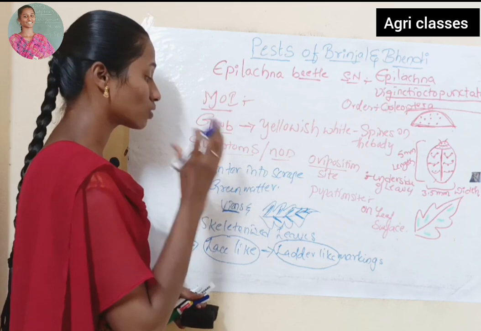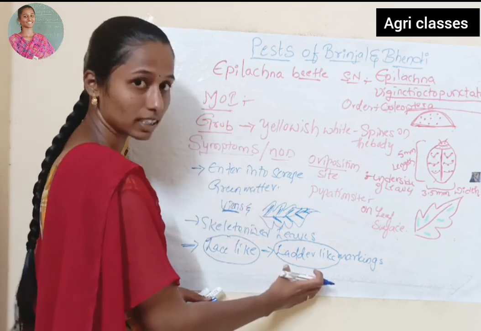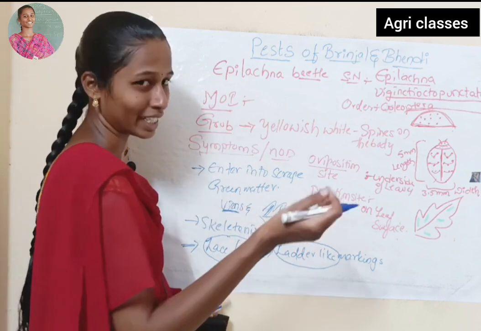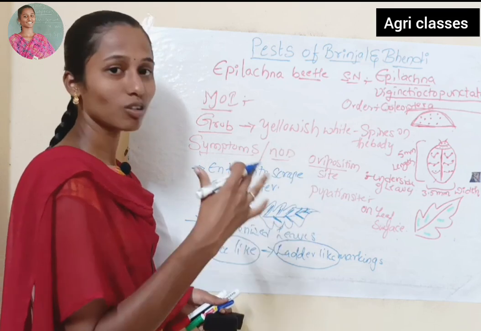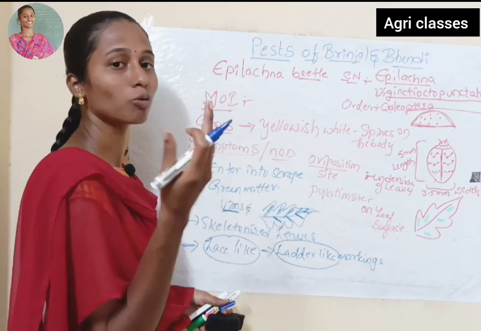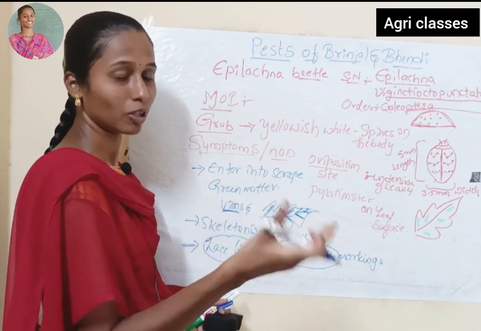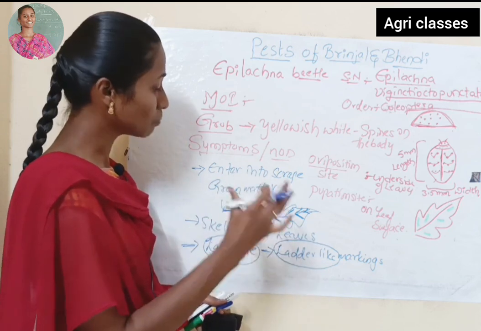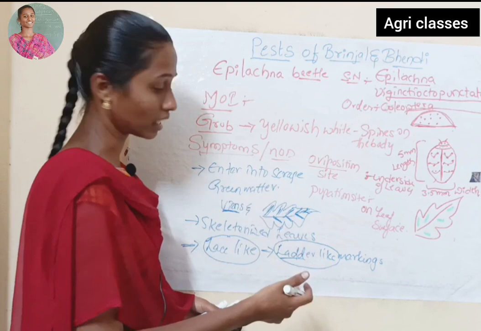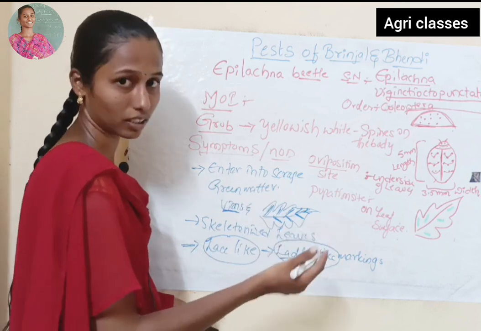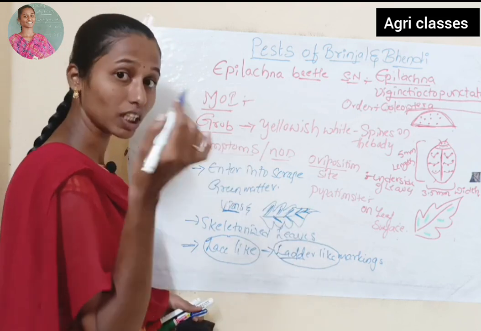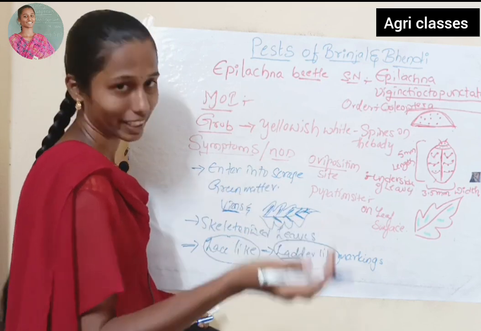So mainly you concentrate on the important symptoms, not other things like wilting, drooping, drying. These are not mostly important because most of the symptoms are like wilting, drooping because of the damage. But main symptom here is the ladder-like marking. So this is the main important for objective type question in future competitive exams.